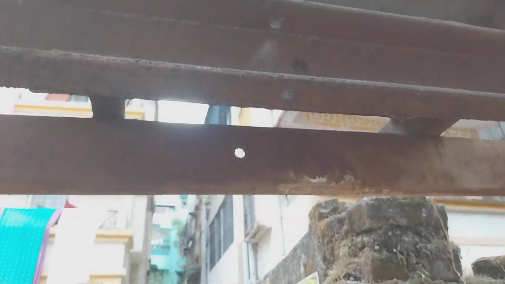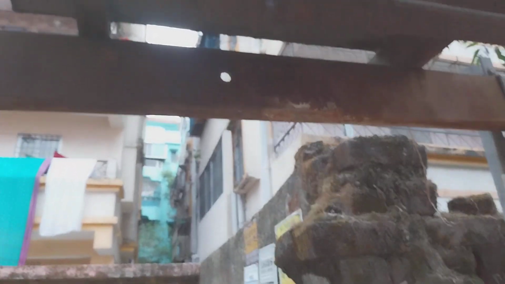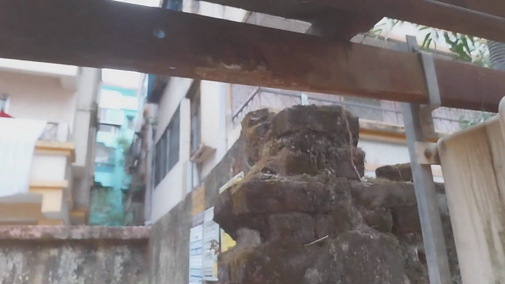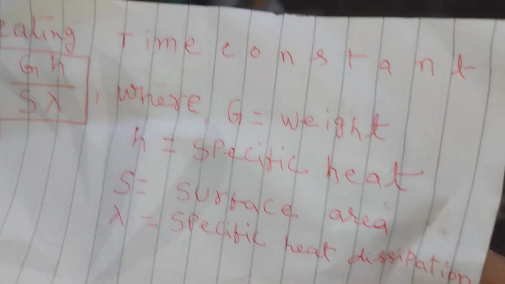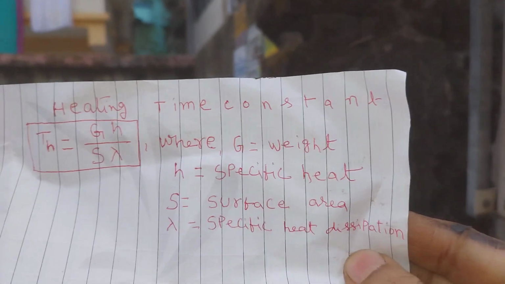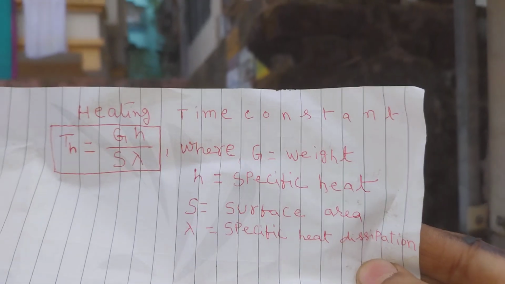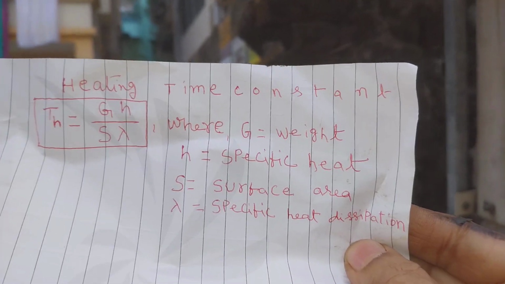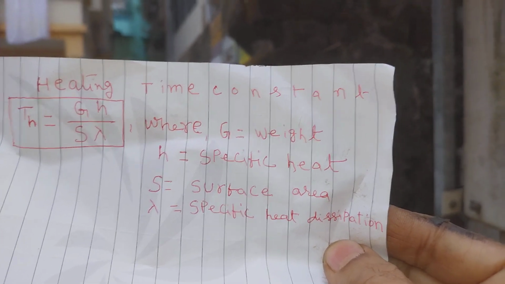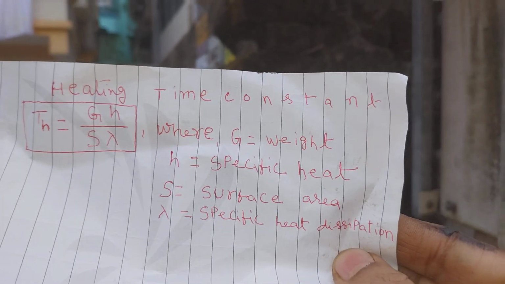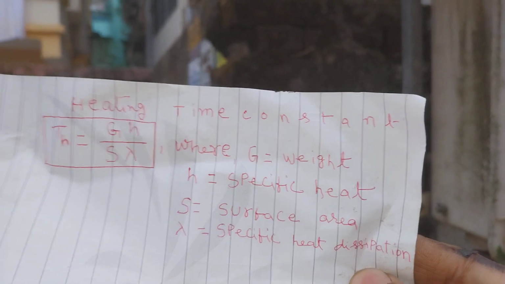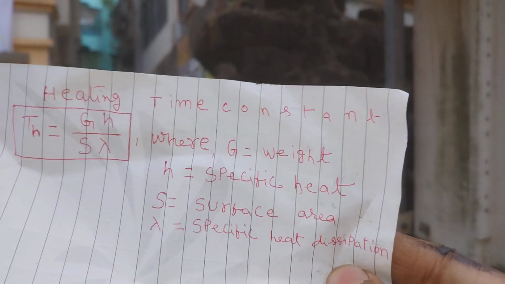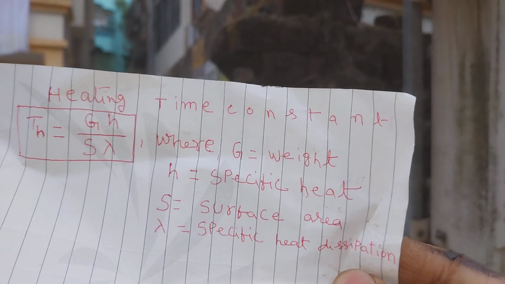See, heating time constant of the transformer, Th, is equal to G H by S lambda, where G is the weight of transformer, H is specific heat, and S is surface area, and lambda is specific heat dissipation.